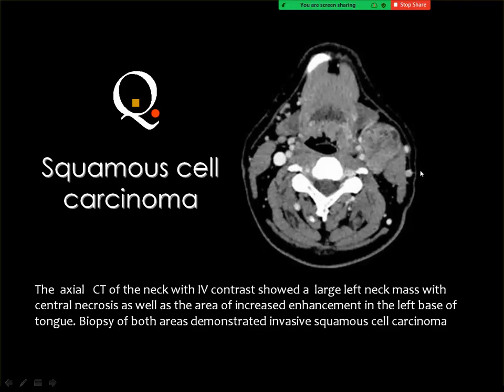Then many of you may ask, how can I judge that this is a malignant lesion? It's well defined and clearly separable from the adjacent parts like the submandibular salivary gland, the carotid vessels and the sternomastoid muscle.